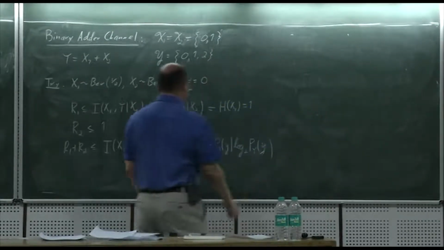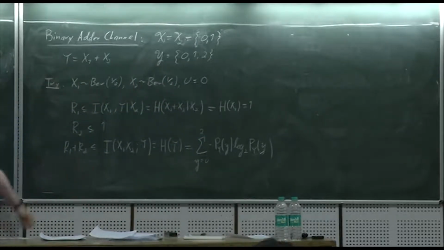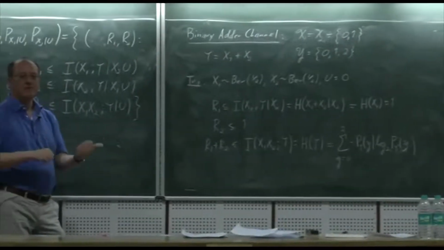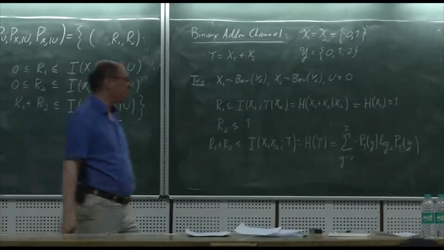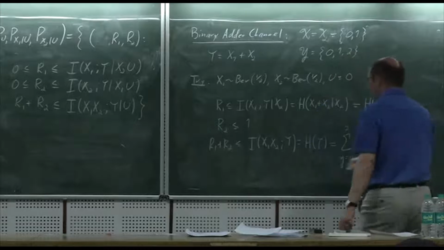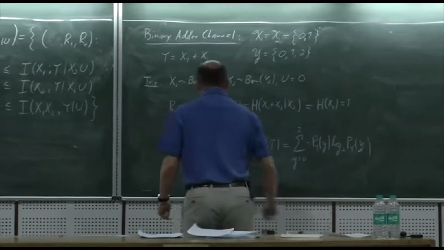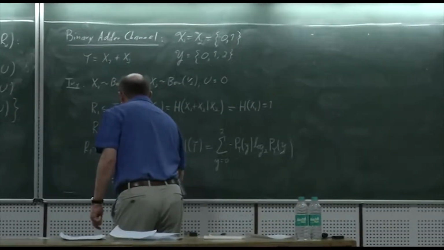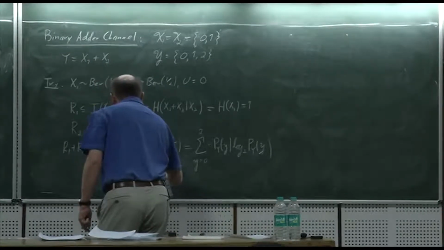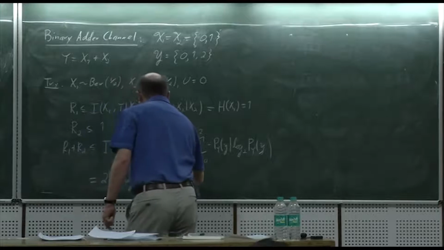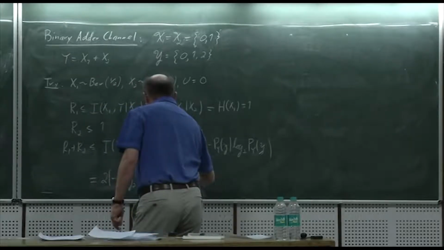All right. The probability of 0 is, if both are 0, a half times a half, which is a quarter. 2 is a quarter, and then we get a half. So this number here is just going to be 2 times minus 1/4 log base 2 of a quarter, if we're measuring in bits, minus 1/2 log base 2 of a half, right?